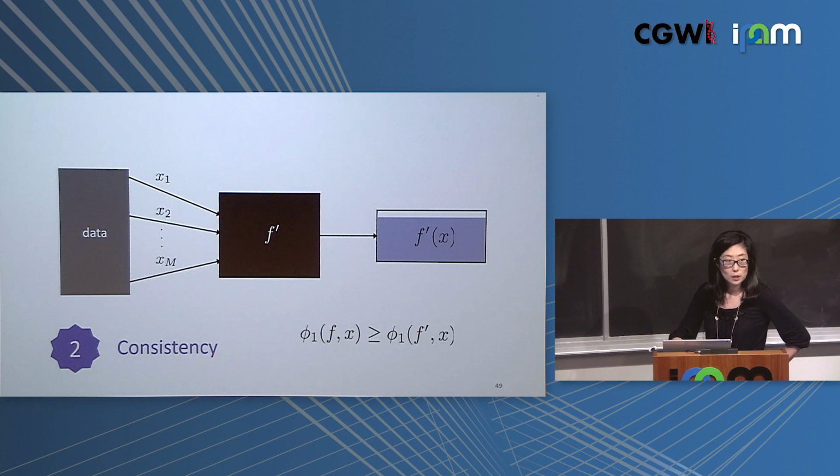Okay, this may sound like it's not very important, but in fact, it's really important. What this means is that if a feature attribution method is not consistent, it can actually lower a feature's assigned importance when the true impact of that feature actually increases.